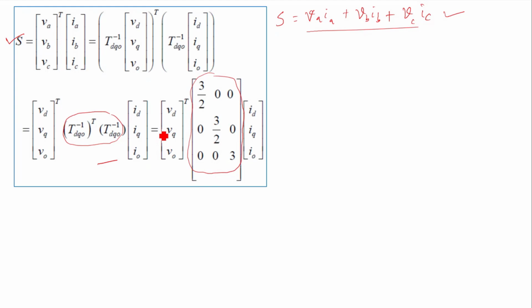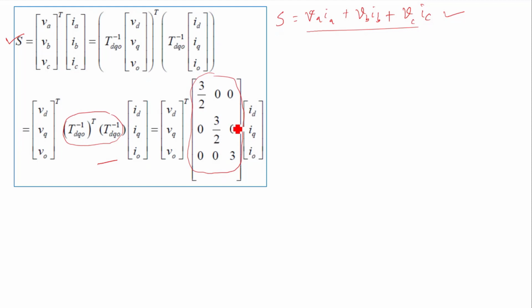So it will be [VD VQ VO] transpose, in this matrix where 3 by 2 is multiplied with an identity matrix, into [ID IQ IO].